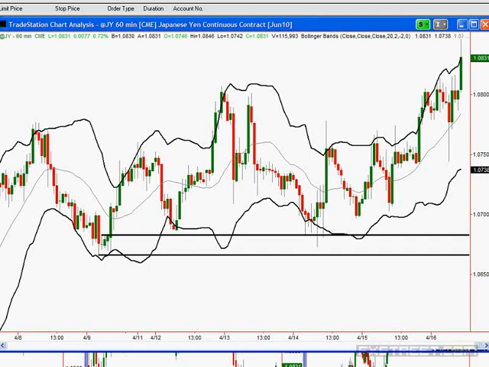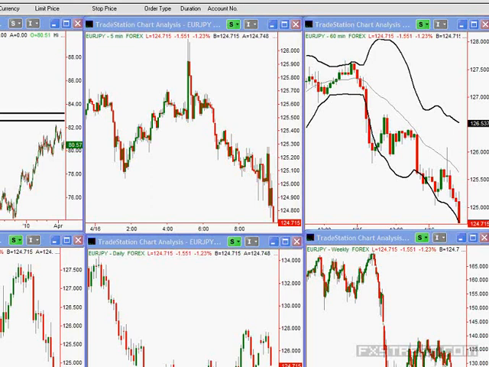So the dollar yen, the euro dollar, dollar Canadian, dollar Swiss, dollar pound, and the Aussie against the dollar. That's where the volume is. In the futures markets, while they offer the cross pairs, there's not a ton of volume there yet. It is a pair. It's just the pair is the yen against the U.S. dollar.